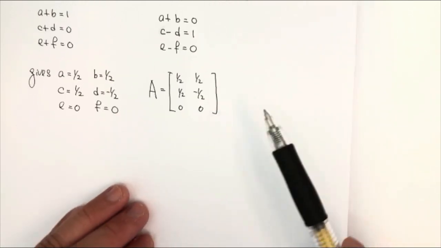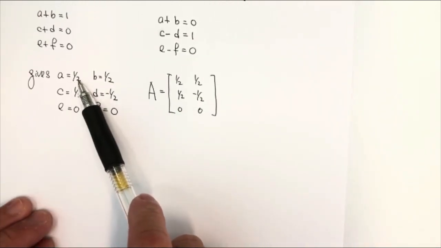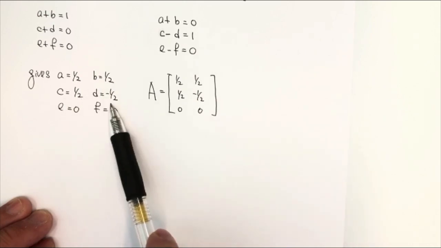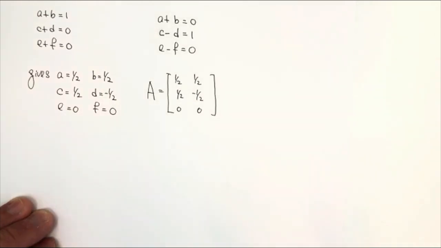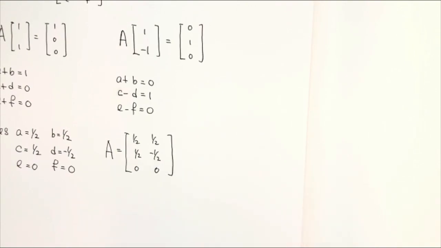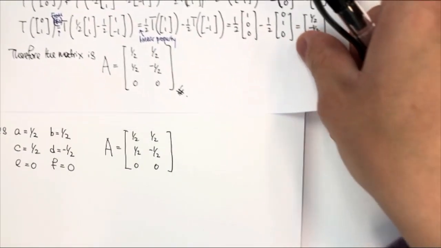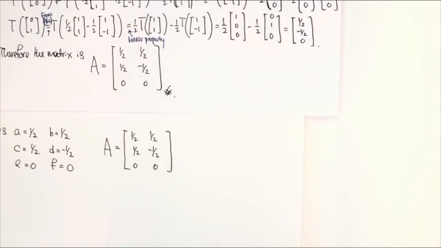Solving this system gives a = 1/2, b = 1/2, c = 1/2, d = -1/2, and e and f both 0. Therefore, you have a matrix A which is exactly the same matrix A coming from the computations that we did earlier. And this is how you solve problem number 15.